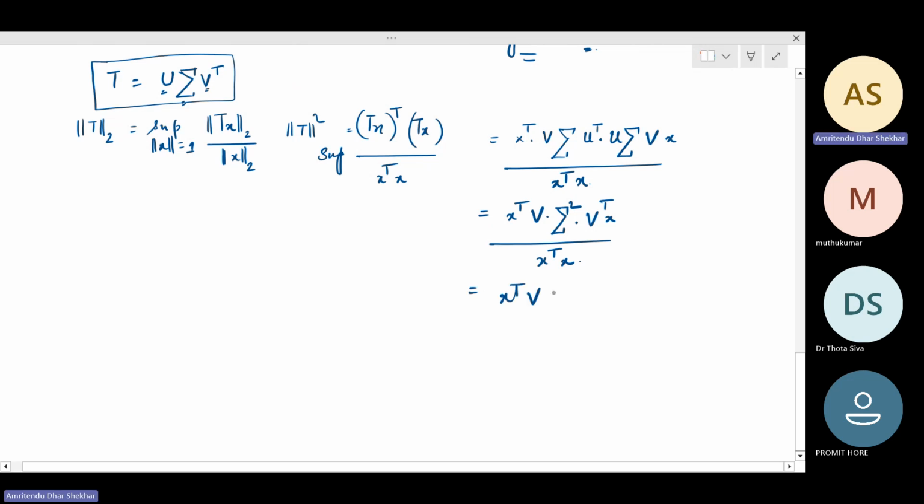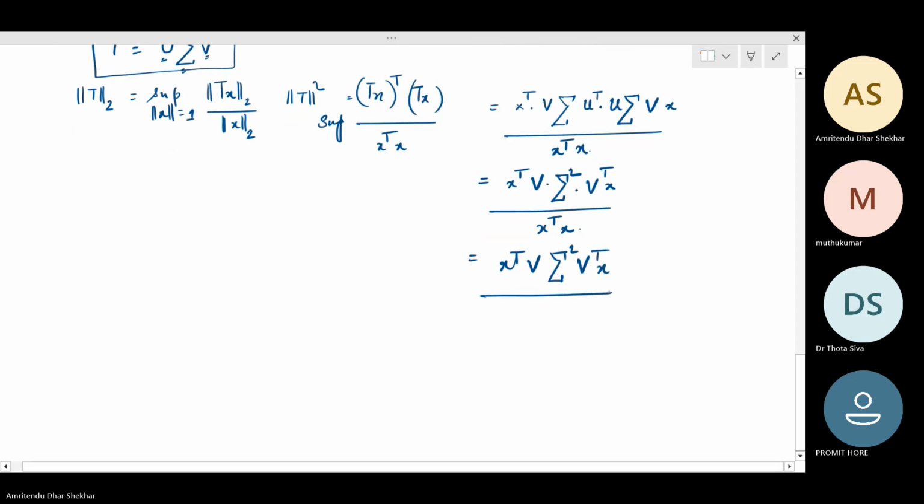So you write this in this way. x transpose V sigma square, and I think it is V transpose x, not Vx.